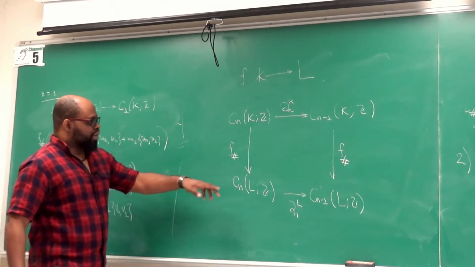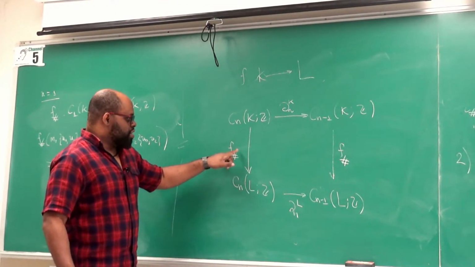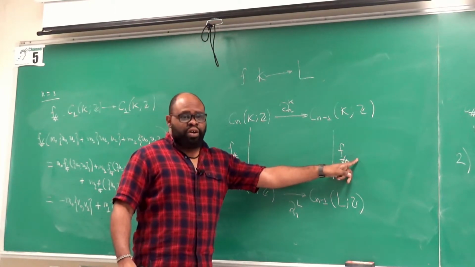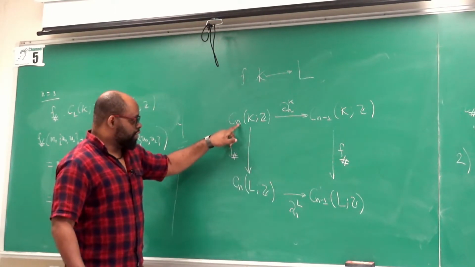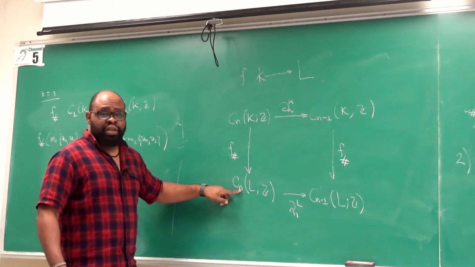And as I said before, even though I'm using the same letter here, F sharp and F sharp, hopefully it is clear from the context what is the dimension of the chains that I'm operating on.